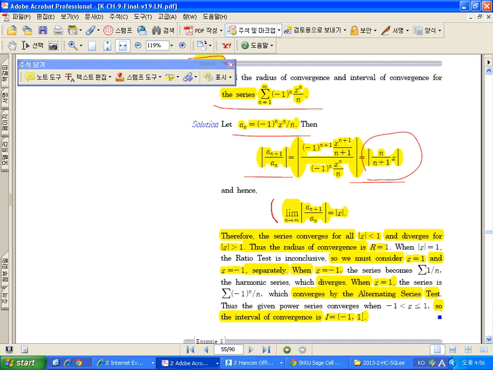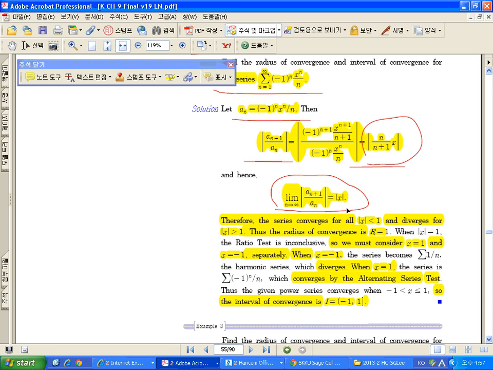Therefore, the limit of the ratio is the absolute value of x, which means this series converges when the absolute value of x is less than 1, and diverges when the absolute value of x is bigger than 1. So the radius of convergence is R equal to 1.